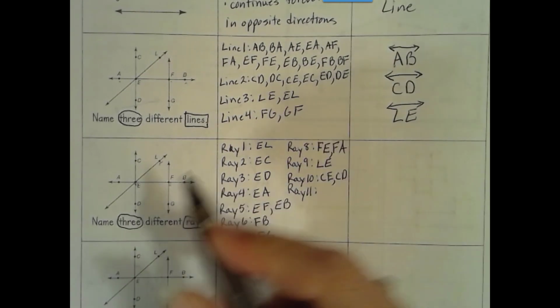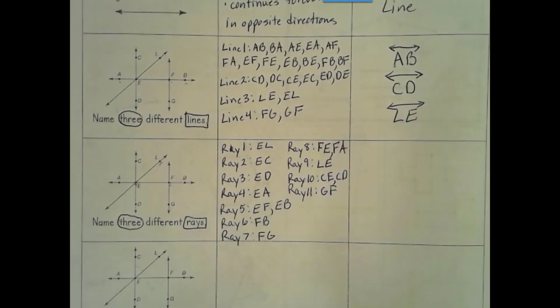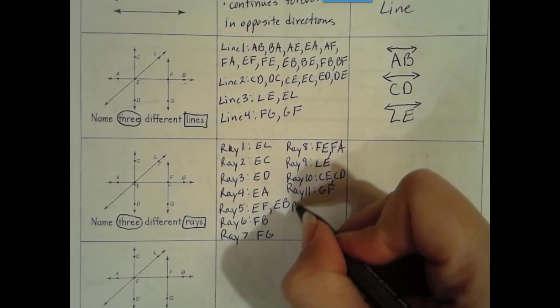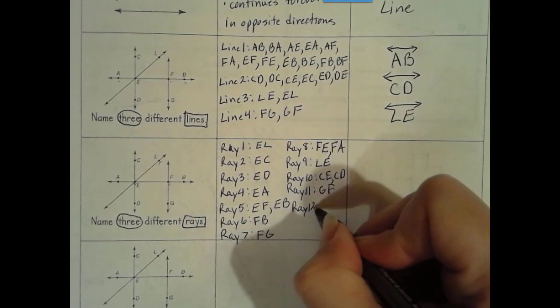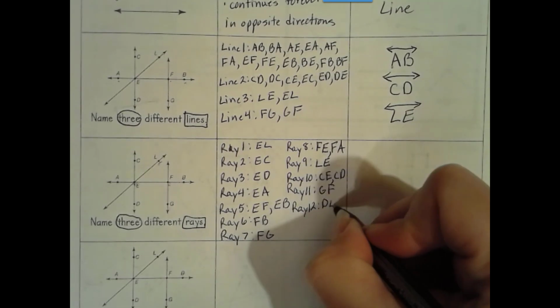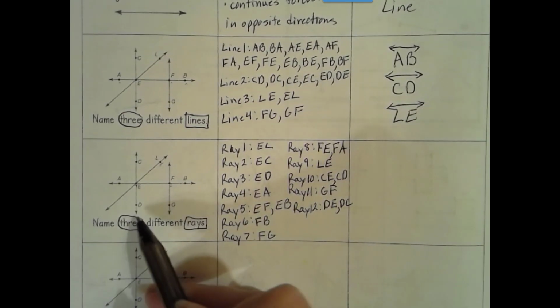I could have G be the endpoint and have GF. I could have D be the endpoint, and then I'd have two options, DE or DC, but the endpoint would have to go first.